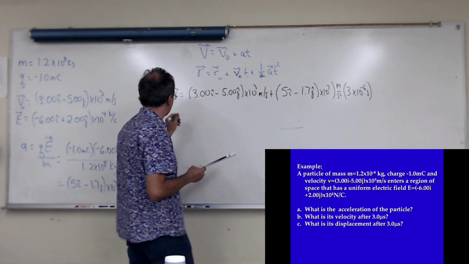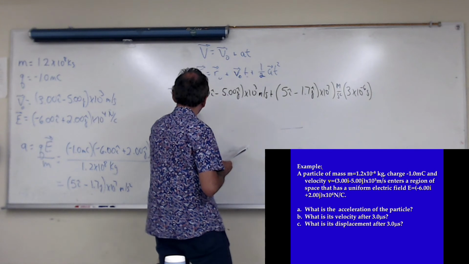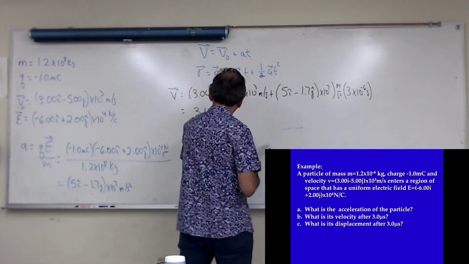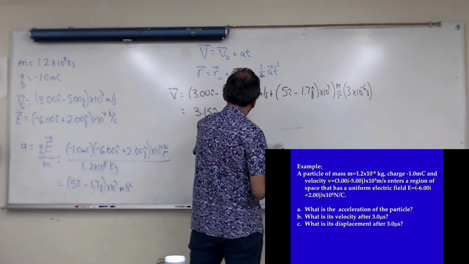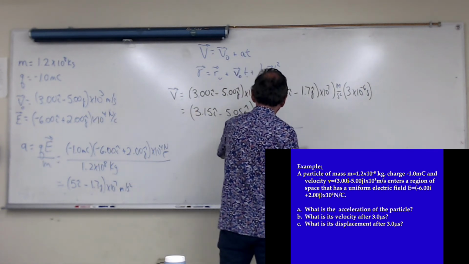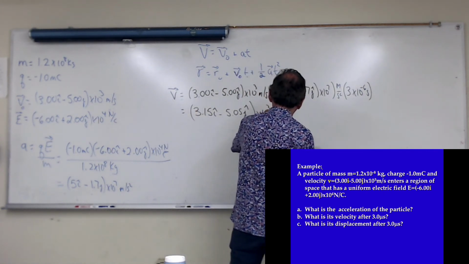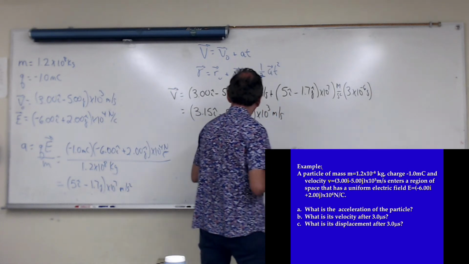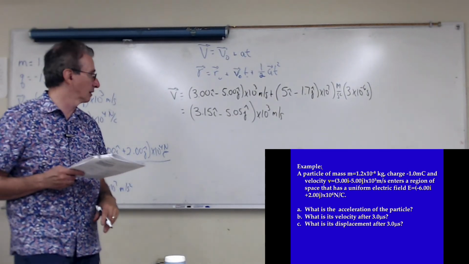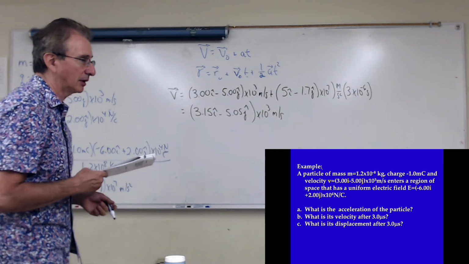And when you do that, you get, it doesn't change very much, 3.15I minus 5.05J times 10 to the third meters per second.